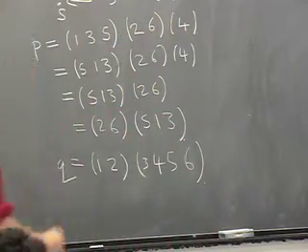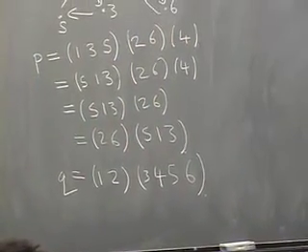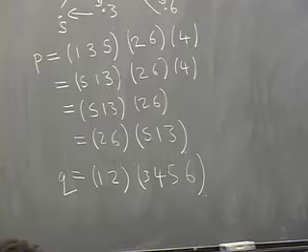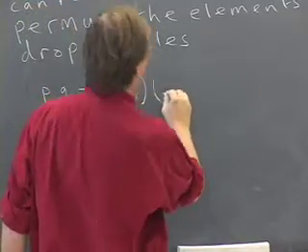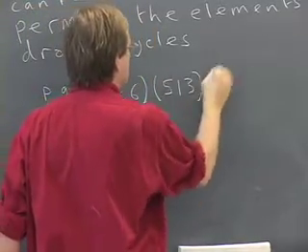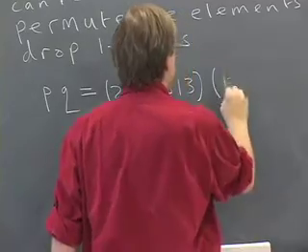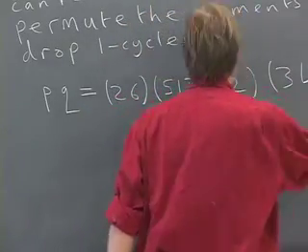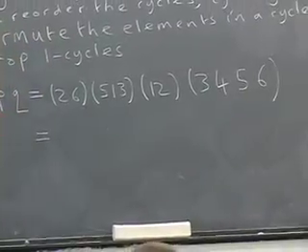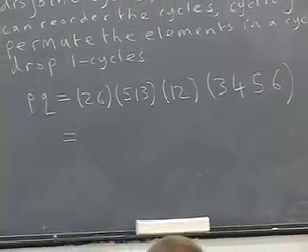So this is the cycle decomposition of Q. And you can calculate again the product PQ as 2, 6, 5, 1, 3 times 1, 2, 3, 4, 5, 6. So how do you work out the product when you work in cycle shapes?